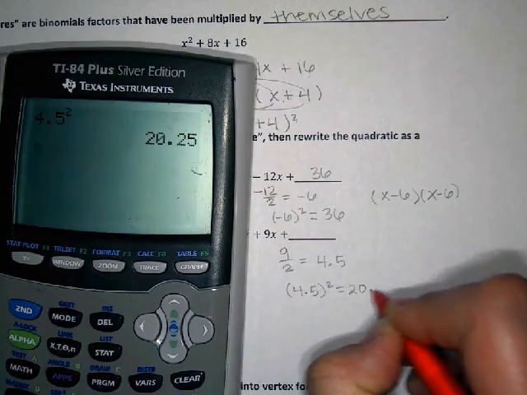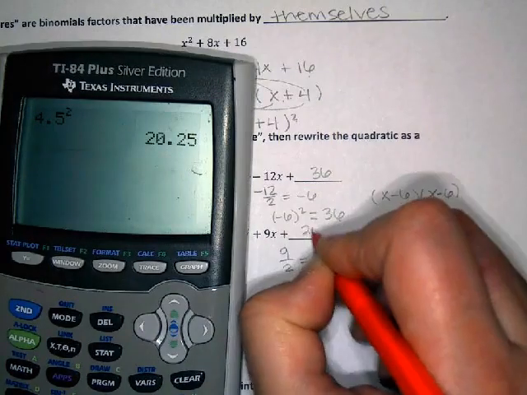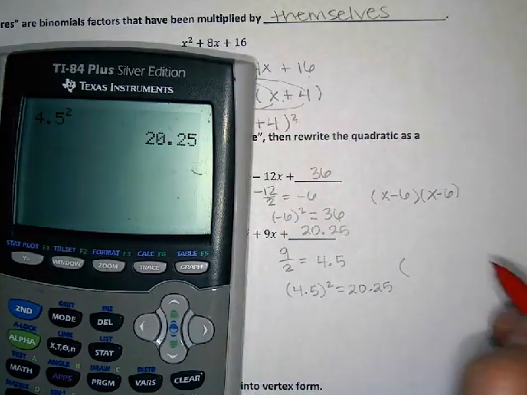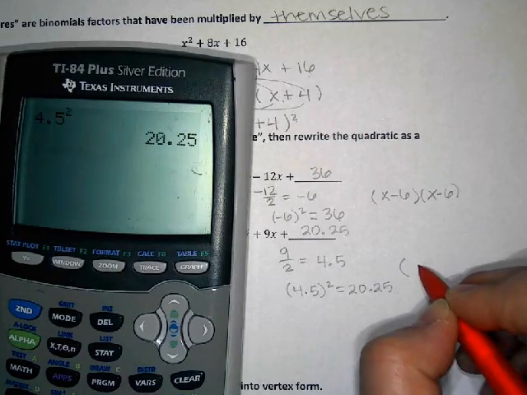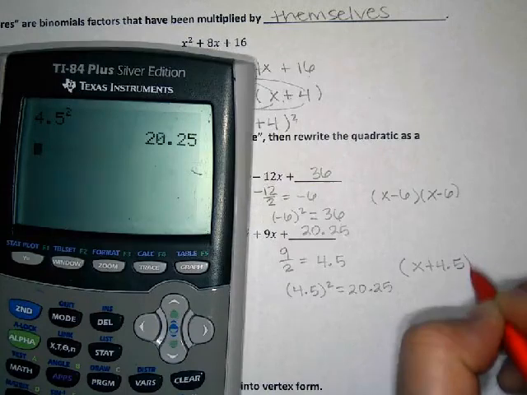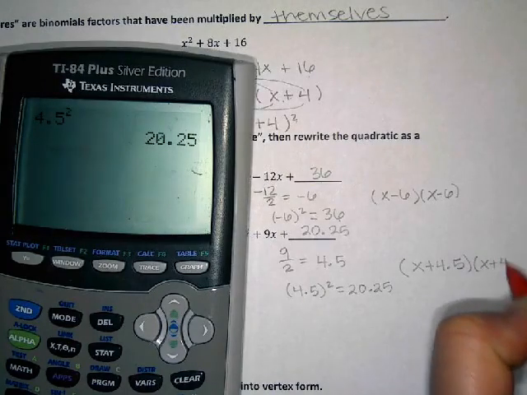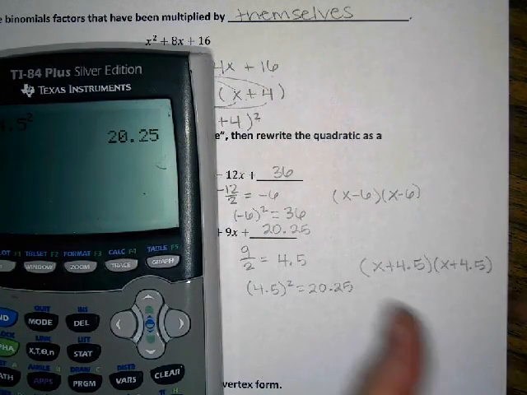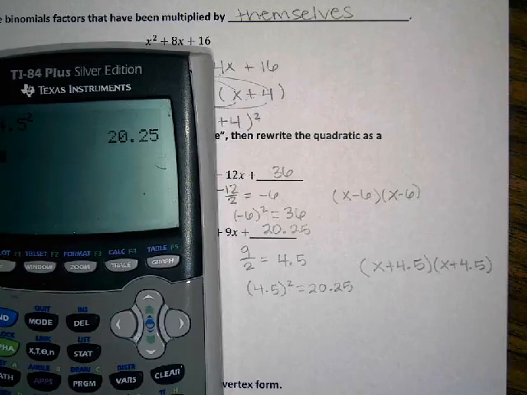So that's what goes in here. And then in our parentheses, what would we have? x plus 4.5 times x plus 4.5. Or if we wanted to shorthand it, we could do x plus 4.5 squared. Okay. So that's what we're doing today.